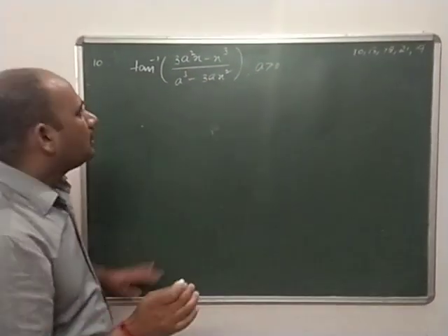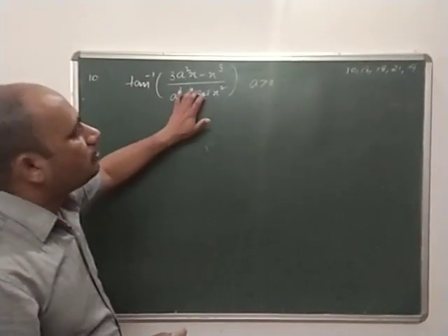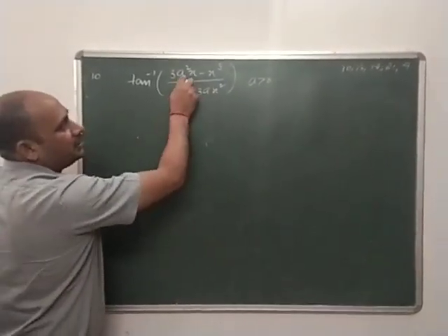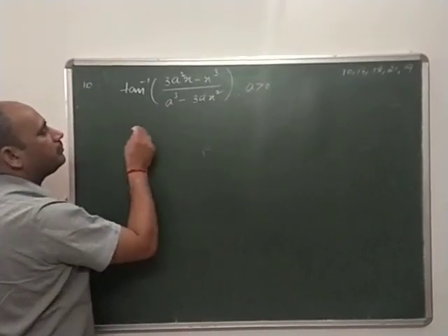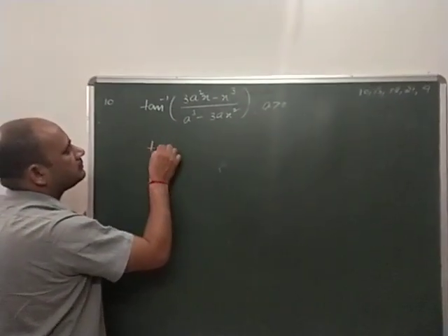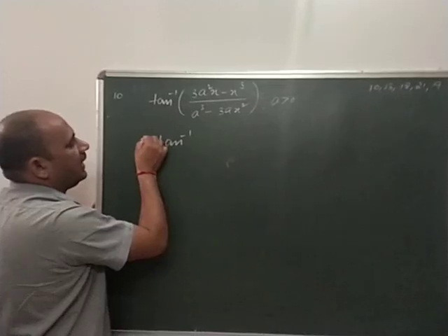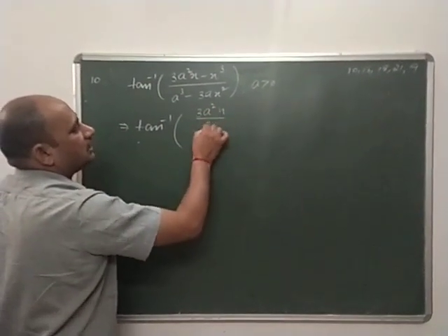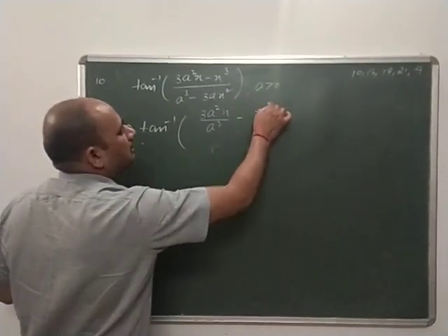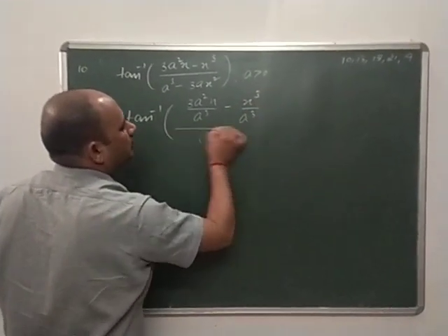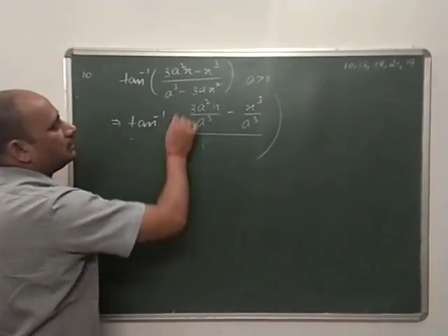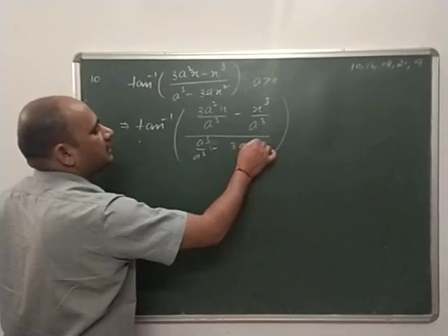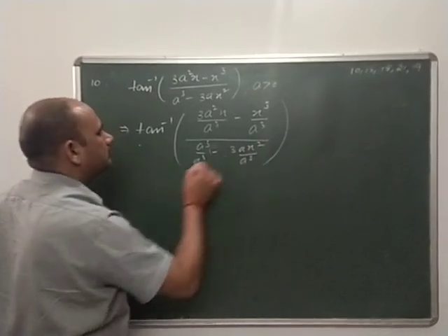If you see the given expression in the form of tan 3 theta, we divide the numerator and denominator by a cube. So 3a square x upon a cube minus x cube upon a cube, upon a cube upon a cube minus 3x square upon a cube.